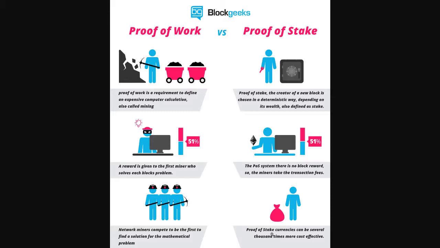Proof of stake currencies can be several thousand times more cost effective. So there is a big difference in these two mining processes, even though they are both mining processes. Proof of stake is a lot more rewarding to the miners, even though they don't get the fee for solving the problem, they get the transaction fee.